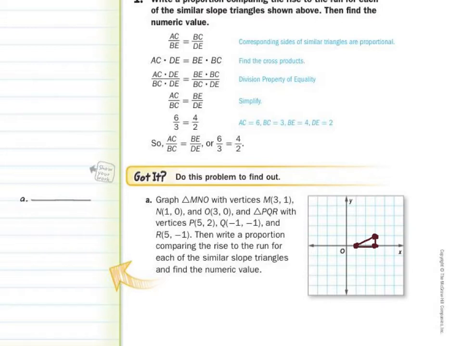So we have M, N, and O. And then for our triangle PQR, P is at (5, 2), which is here.